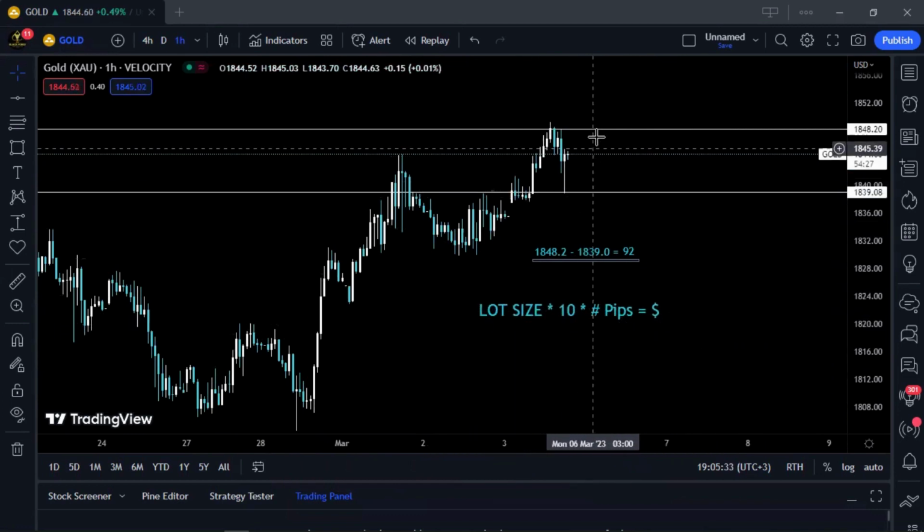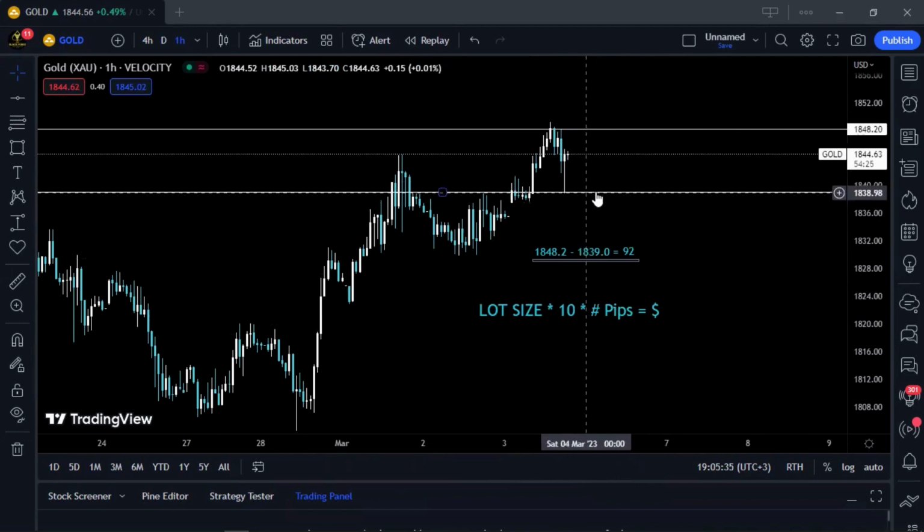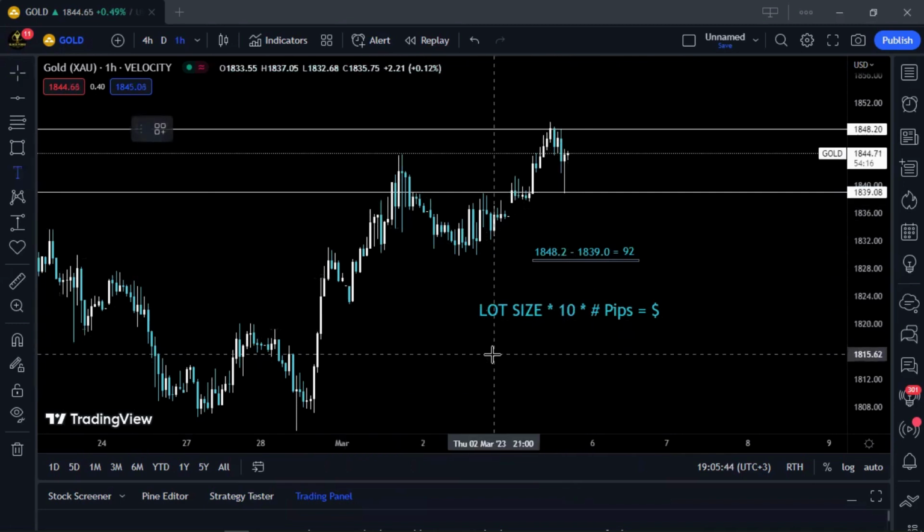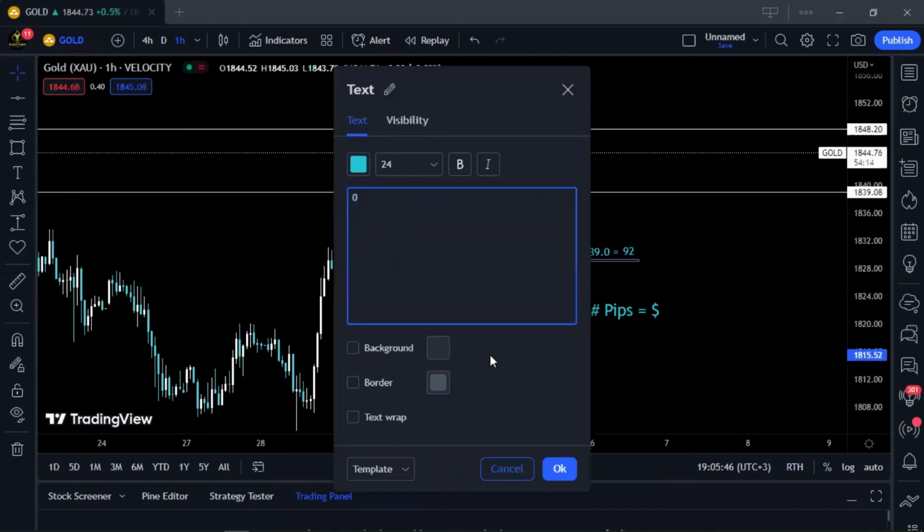So for instance, if you took a trade from here to here, you sold once price reached there, and then your take profit was here. You use a lot size of, let's say, 0.01. It will be 0.01 times 10. The 10 is constant, and then times the number of pips, which is obviously 92, will equate to how much you made.